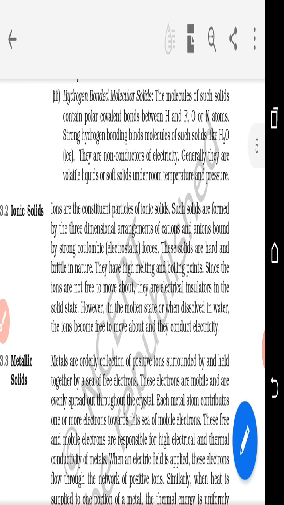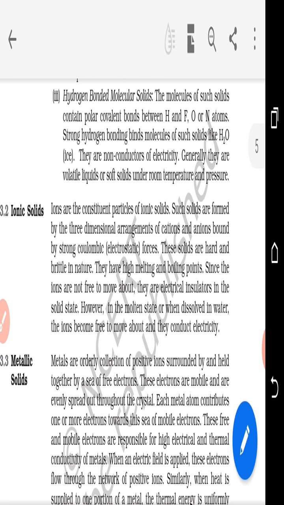As the electrostatic force of attraction is very strong, the solids formed by the cation and anion are hard and brittle in nature. Also, due to the presence of strong electrostatic forces, they have high melting and boiling point.